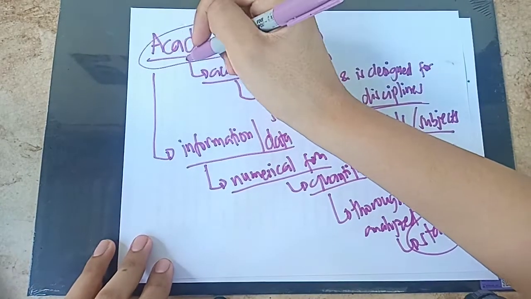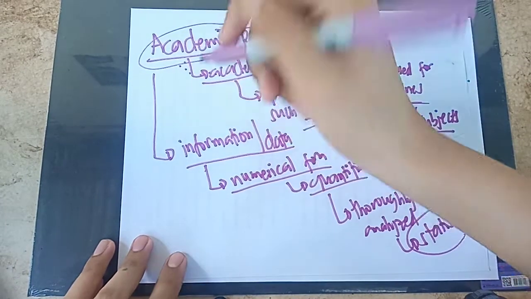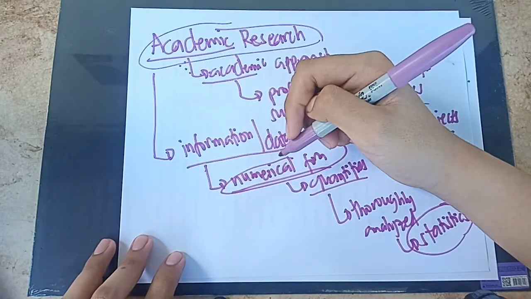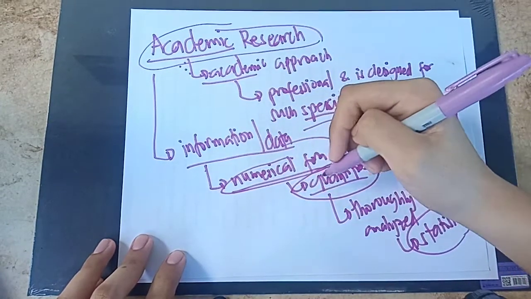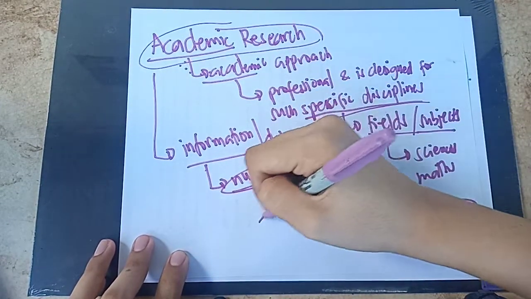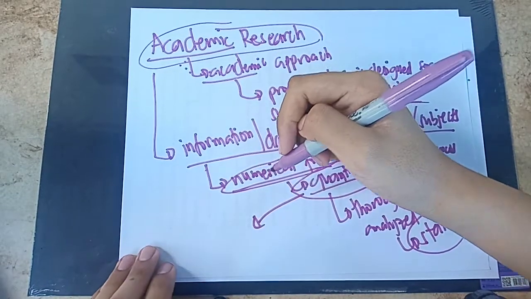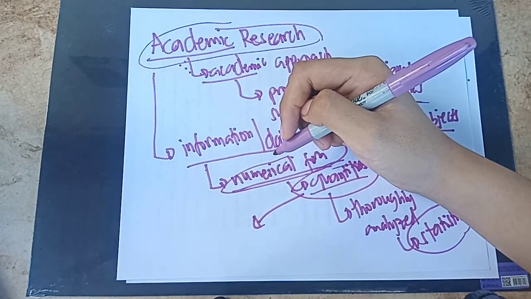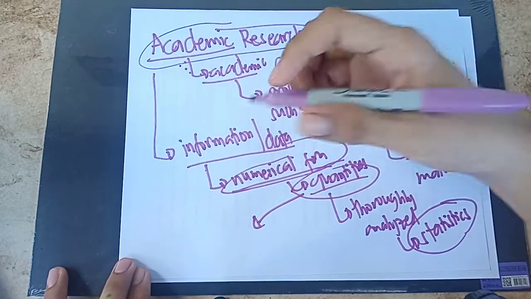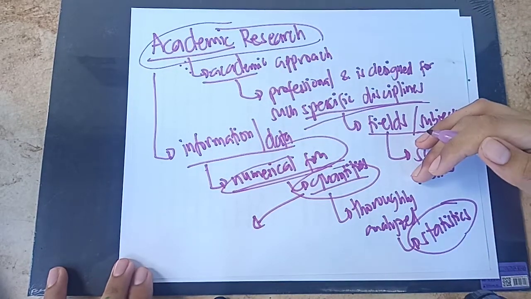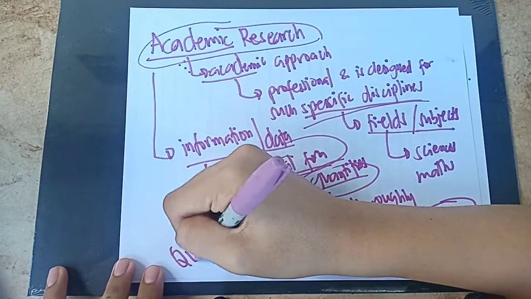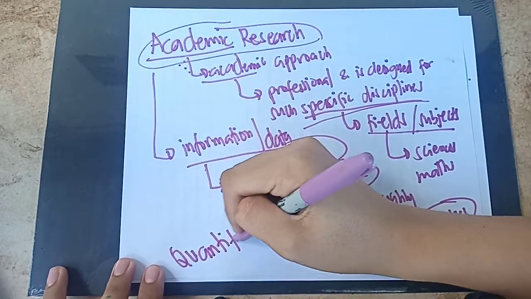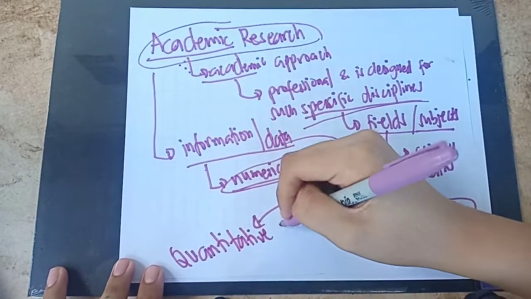Meaning to say, if academic research uses numerical data, it uses quantities. And when we use quantities, we are pertaining to a research that is quantitative in nature. This will introduce us to our new topic dealing with quantitative research.